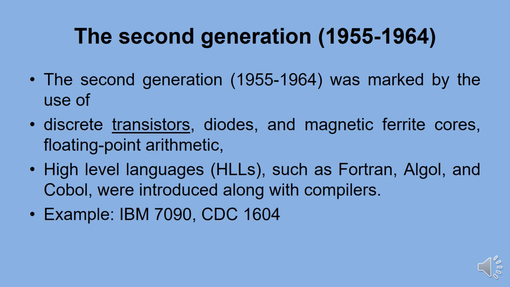Between 1955 to 1964, we had the second generation of computers, which used transistors. It was smaller in size, faster and cheaper than the previous. High-level languages were introduced along with compilers. Example, IBM 7090 and CDC 1604.